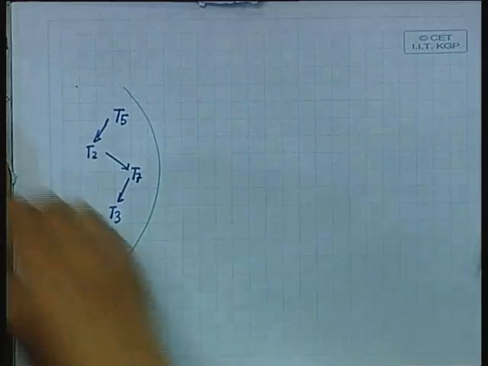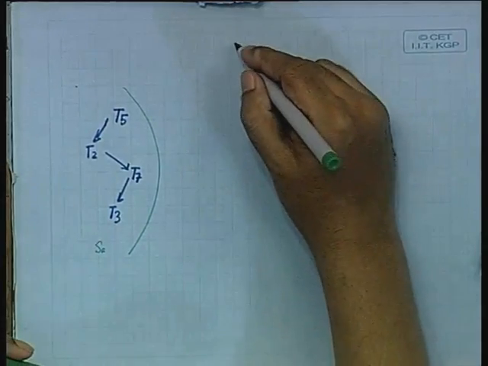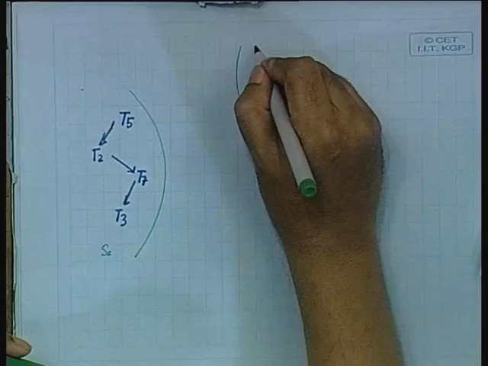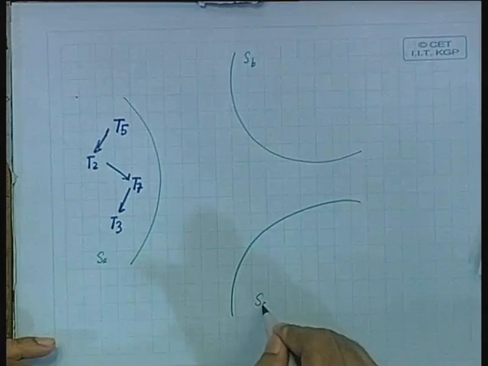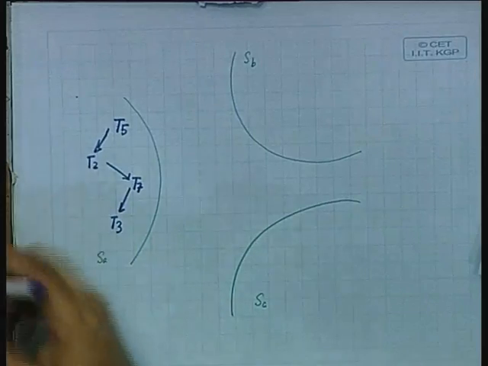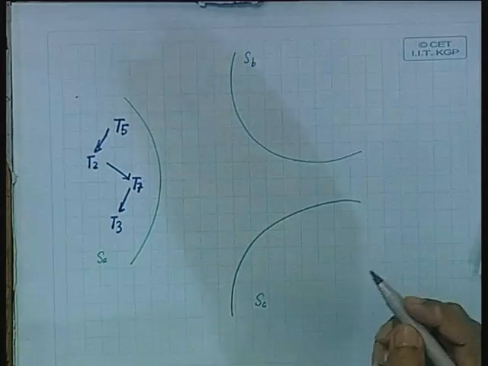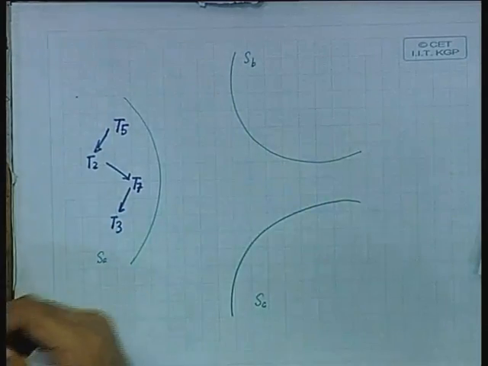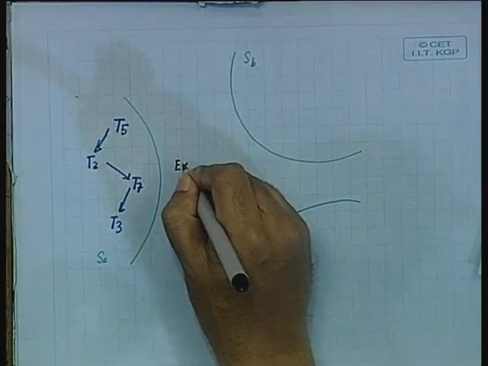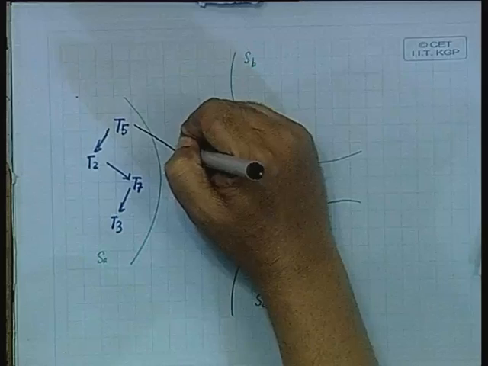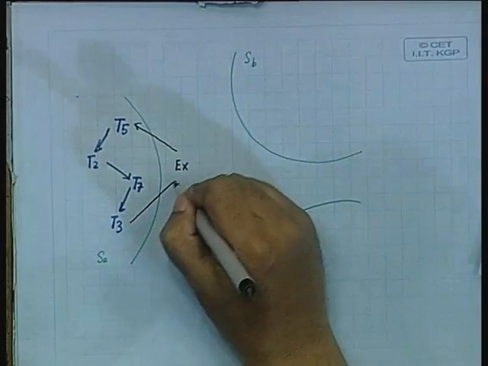Okay. So, let us say that there is another site SB and a third site SC. Now, at this point of time, all that SA had was this node Ex, and there was an edge from here and there was an edge here.